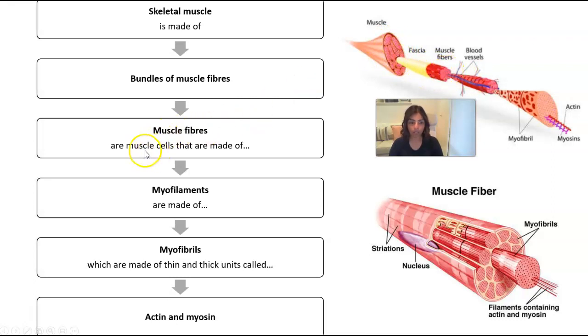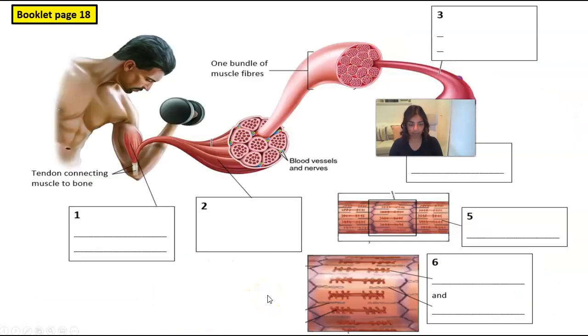Now these muscle fibers are actually muscle cells, and these muscle fibers or muscle cells are actually made of myofibrils, which are made of myofilaments: a thin protein called actin and a thicker protein called myosin.